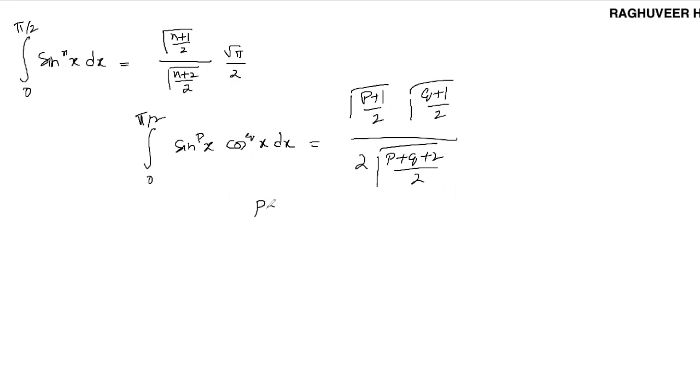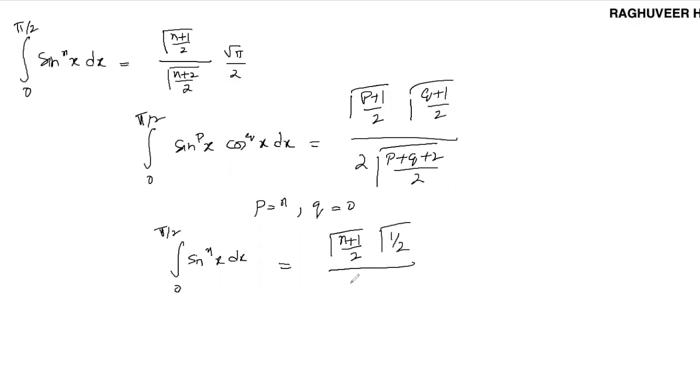So here p is n and q is 0. Yeah. So on substituting it, 0 to pi by 2 sine power n x dx, okay, which is equal to gamma n plus 1 by 2 gamma 1 by 2 divided by 2 gamma n plus 2 by 2.